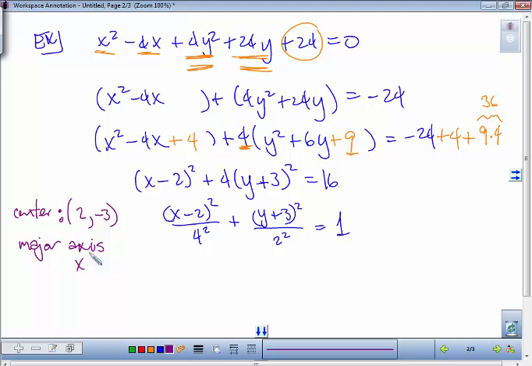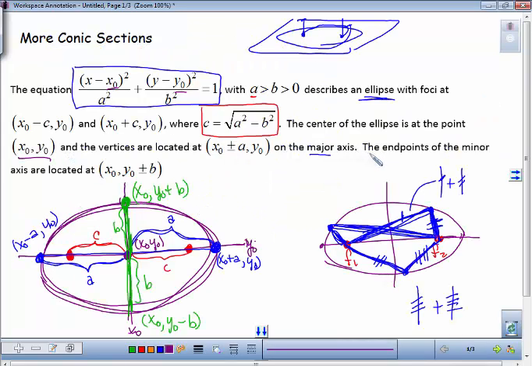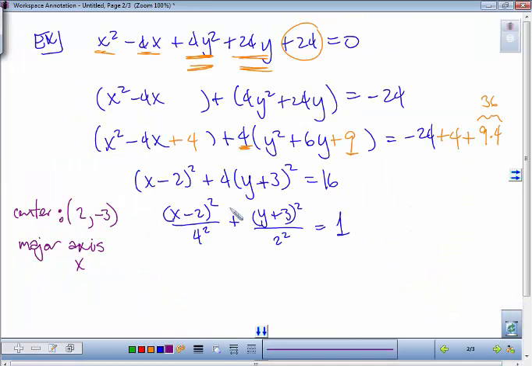How should we write this? How did they describe it? They described it using vertices located at x0 plus or minus a, comma y0. So let's write it like that. So x0 is 2. 2 plus or minus a, that's 4, comma y0 is -3.